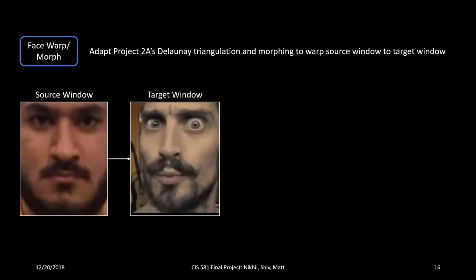So for this, we adapted what we'd written for Project 2A to actually perform the warping. So this is done on just the window around the faces that contains both faces. This way we reduce runtime. So we take a look at both the source and the target window.